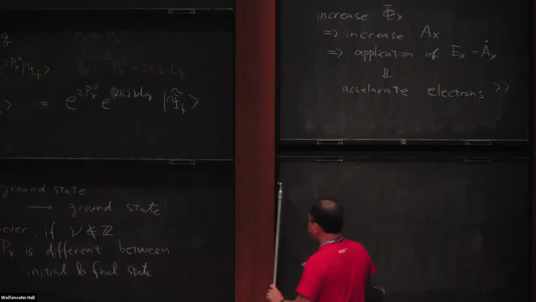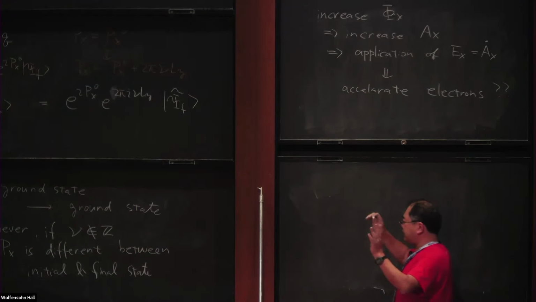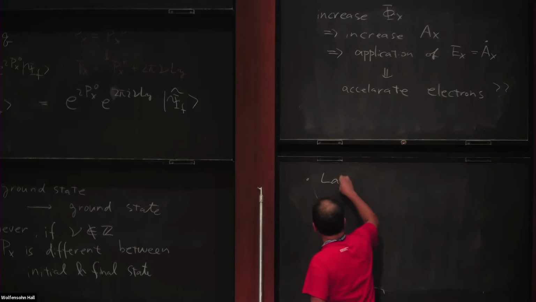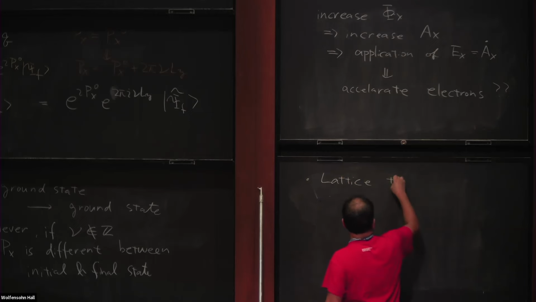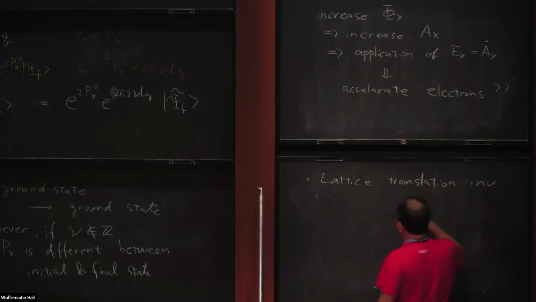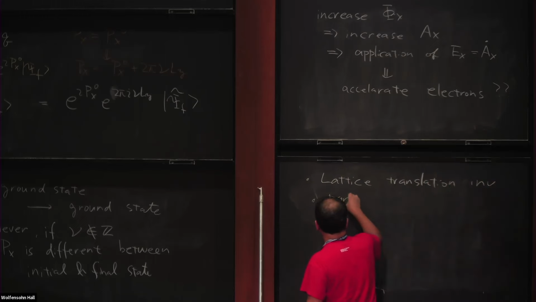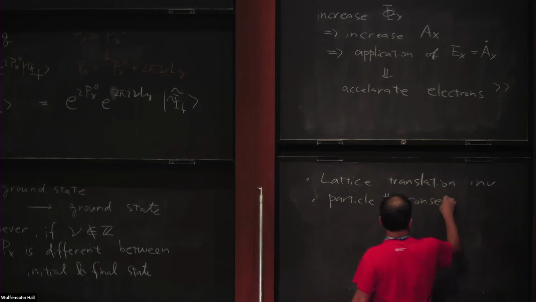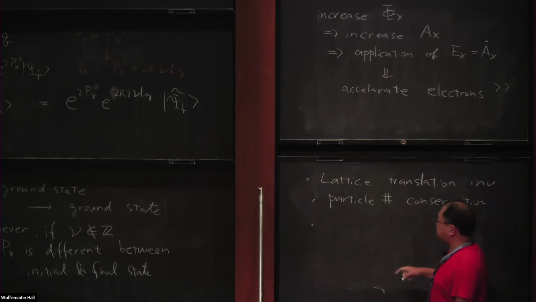So the conclusion is that if the system has this lattice translation symmetry invariance and particle number conservation, then under these conditions you can define filling factor, that is particle number per unit cell.